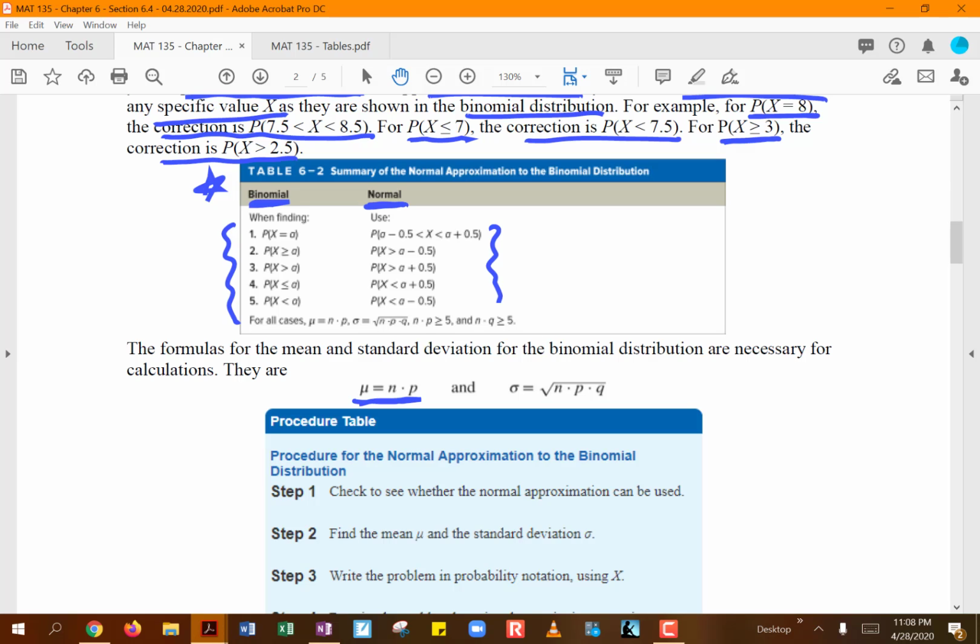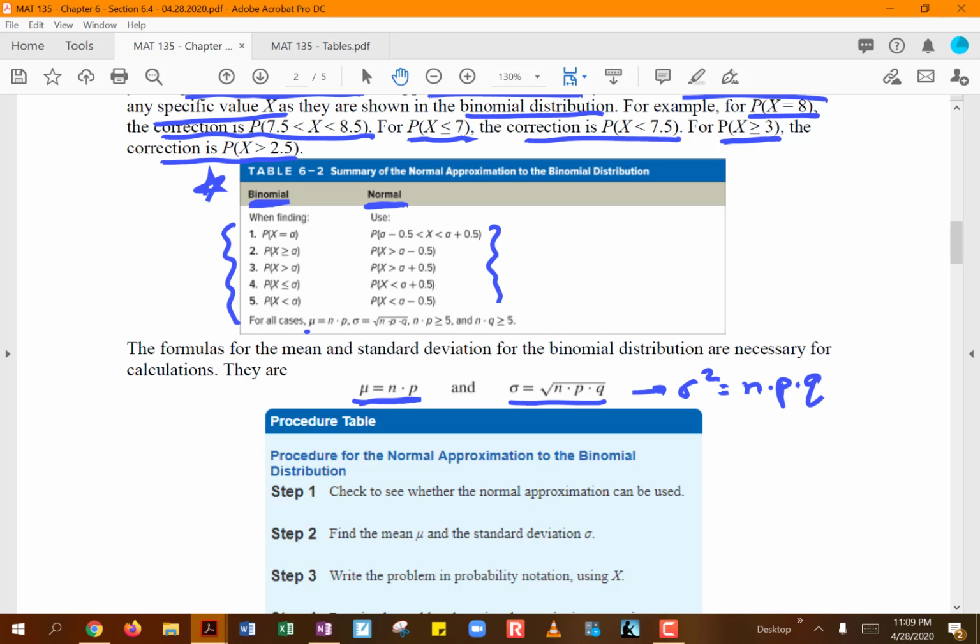So the mean is n times p, and the variance is n times p times q, and when we take a square root of that, we get our standard deviation.